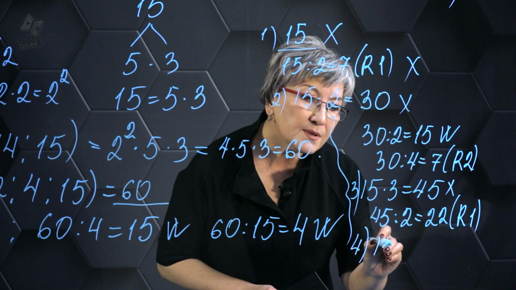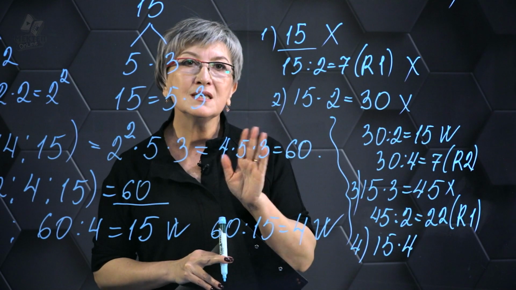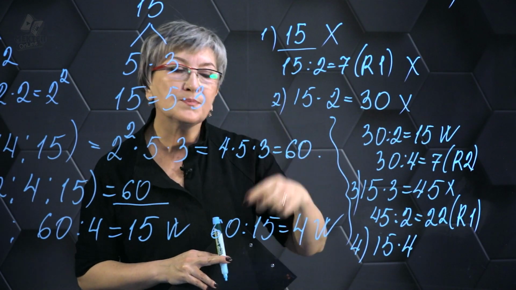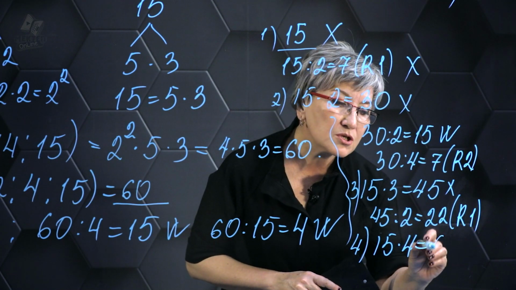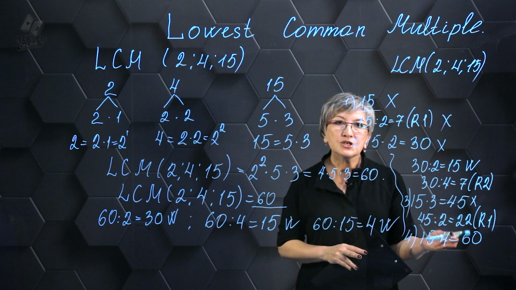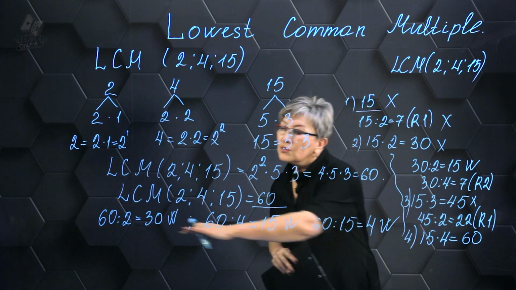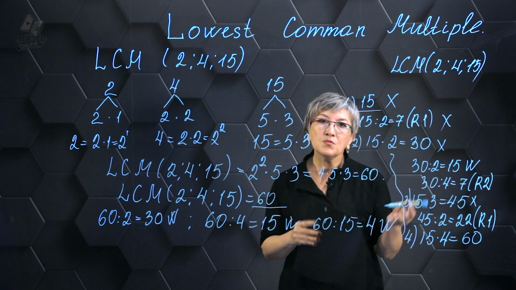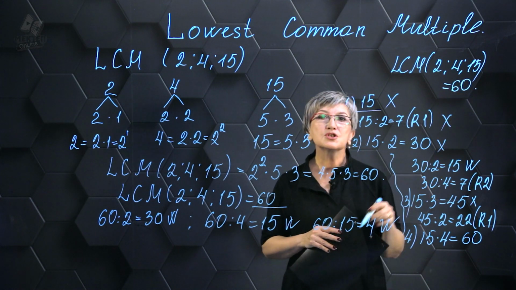Let's proceed. 15 times 4 equals 60. Of course, guys, there's no need to write this down. You multiply in your mind and check. But I'm showing you that it's really true. 15 multiplied by 4 will be 60. I have to check if 60 is divisible by 2, 15 and 4. However, I have already verified it and it works. Therefore, the least common multiple will be 60.